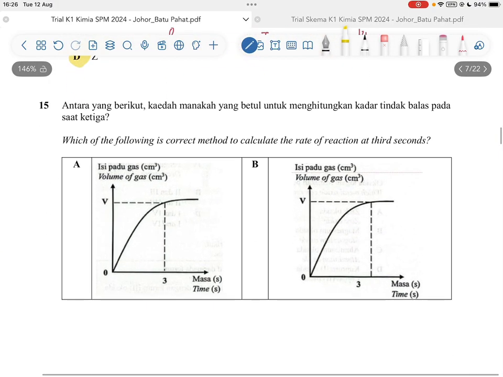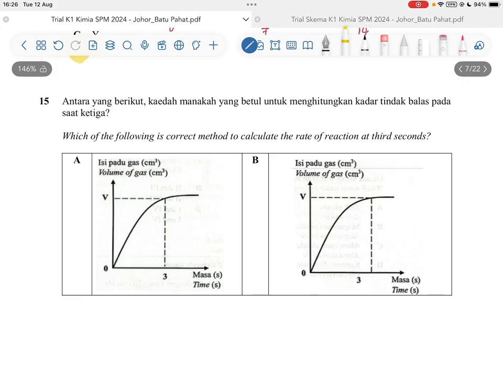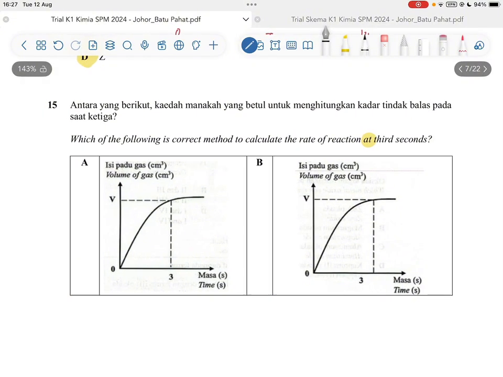Okay, question 15. This is related to the rate of reactions. Which of the following is the correct method to calculate the rate of reaction at 30 seconds? In this question, the keywords are at 30 seconds. It means that it wants you to identify very specifically at 30 seconds what the rate of reaction is.